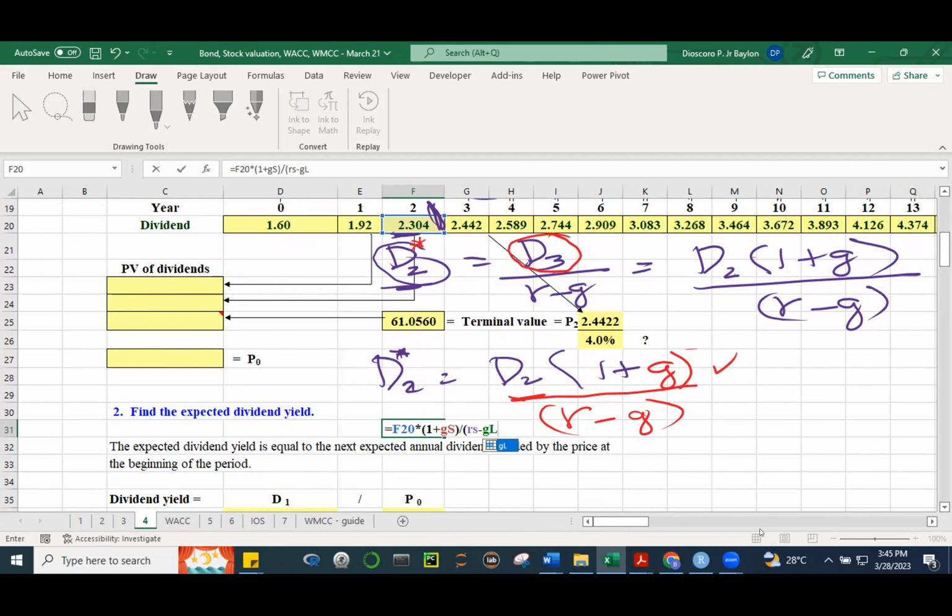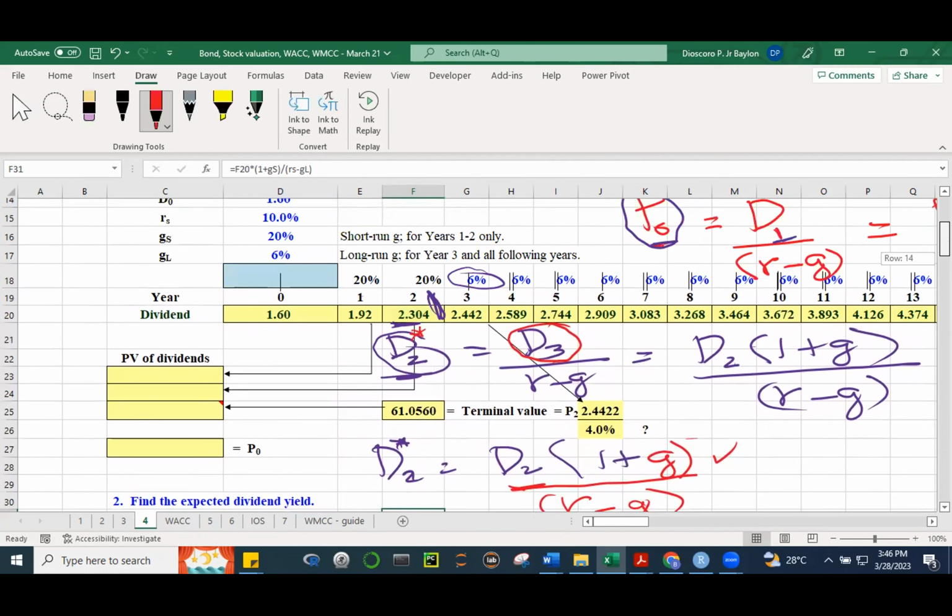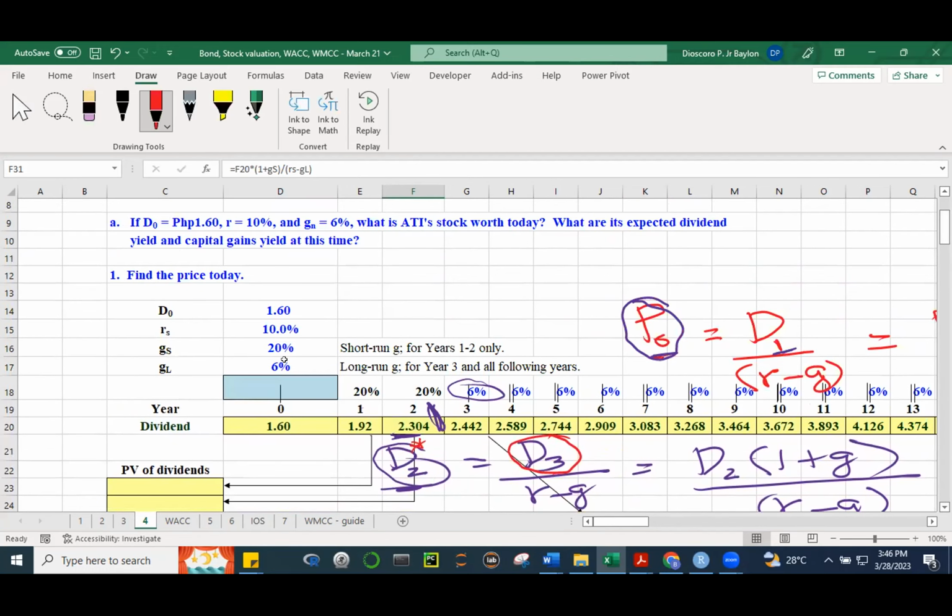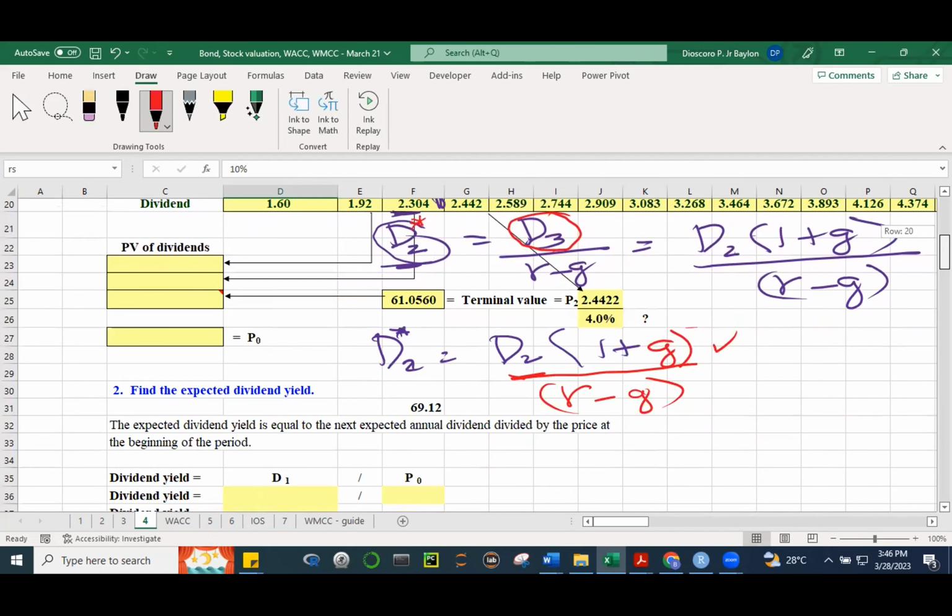Long-term GL. Close this. Okay. Control Enter. 69 point. Bakit ano? Tama ba yung GL ko? Tama naman. Yeah, this is GL. This is my RS. Bakit? Why am I getting 69.2?